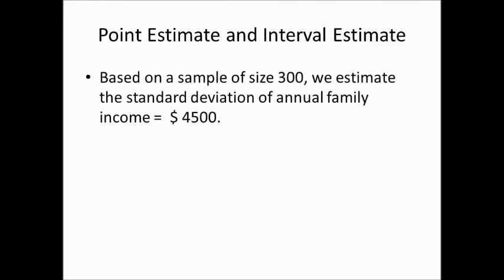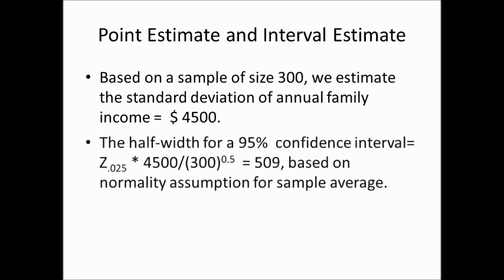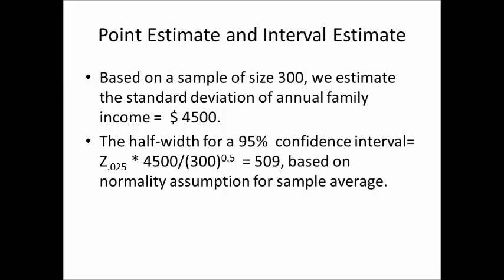Based on a sample size of 300, we estimate the standard deviation of annual family income as 4,500. So we collect 300 data points, each represents a family income, and the standard deviation of that data set comes out to be $4,500. The half width for a 95% confidence interval is given by z.025.